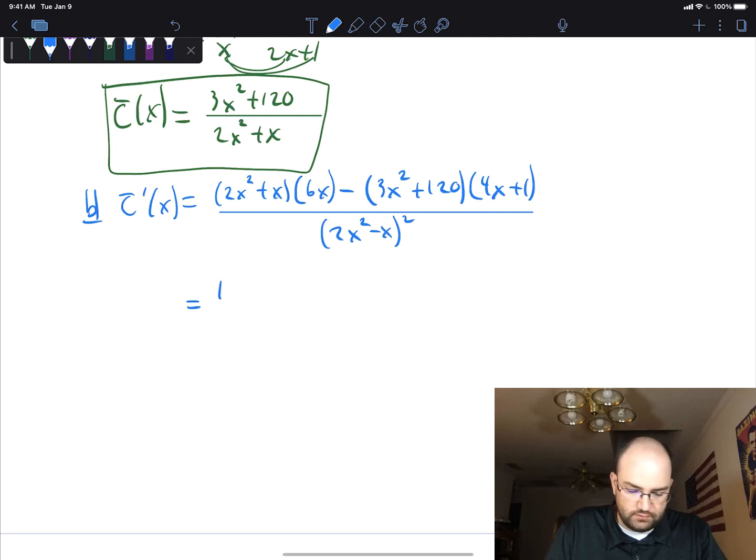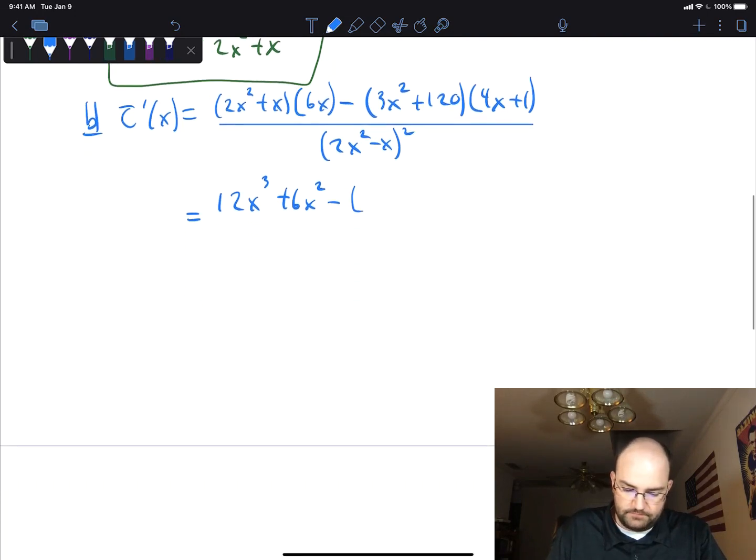So this is going to give you 12x cubed plus 6x squared, and then minus, over here, I'm going to go ahead and FOIL this out, parentheses, 12x cubed plus 3x squared plus 480x plus 120.